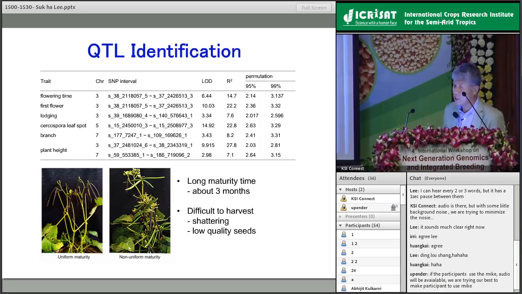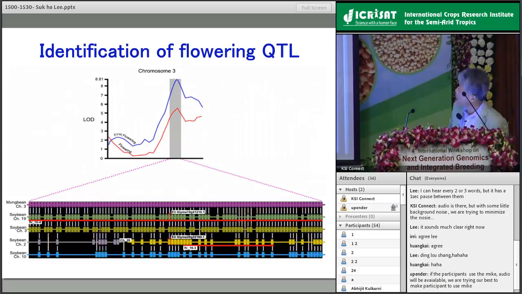Because of that, synchronous maturing time is a very important character in mungbean. So flowering in mungbean is very important, and we identified some flowering QTLs. This is an example of one QTL, a major QTL on chromosome 3.